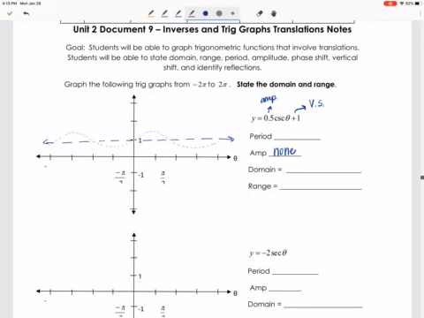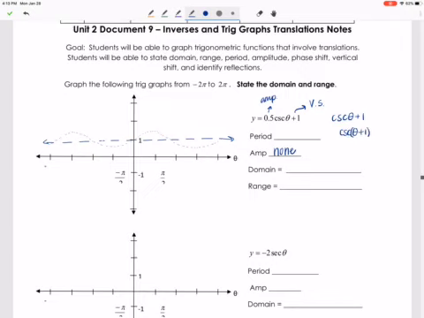We have no number that's multiplied by theta, which means we have no period change, and we have no number added or subtracted to theta, so there is no phase shift. Now, one thing you want to pay attention to here is that there is a distinct difference between cosecant of theta plus 1 and cosecant of (theta plus 1).